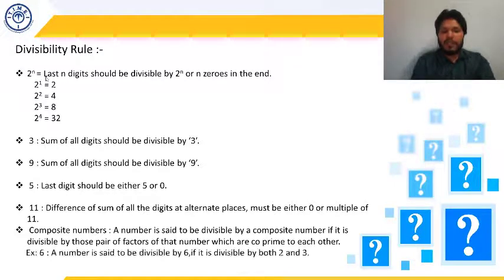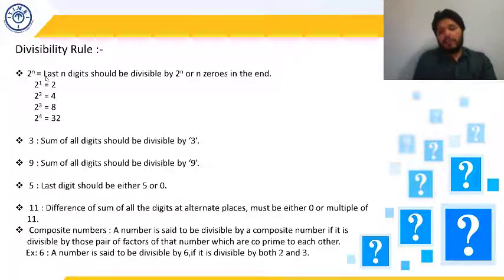Okay, so for example, 6 is a composite number, and to find out whether a given number is divisible by 6 or not, 6 is formed by 2 into 3. So 2 and 3 are the pair from which we can form 6. 2 into 3 will give you 6, and 2 and 3 are the co-prime pair.